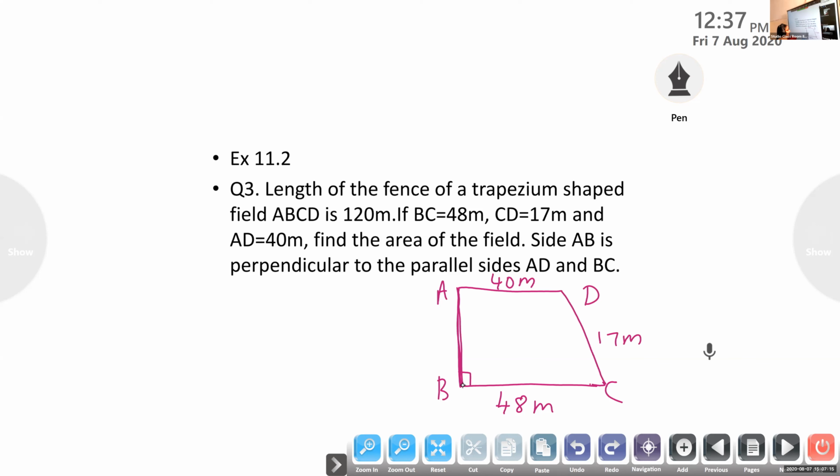Anashwara, how can we find AB? Okay, write the question, then we will discuss. Nivedya, how can we find the h? Parallel sides are given 40 and 48. Which one is the h here? AB, ma'am. AB side, because it is given that AB is perpendicular to AD and BC. So it is the perpendicular distance. How will we find it?